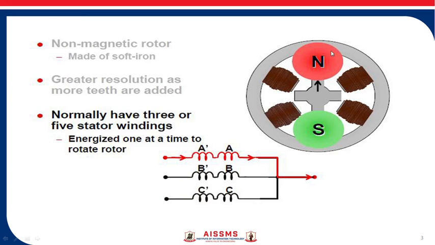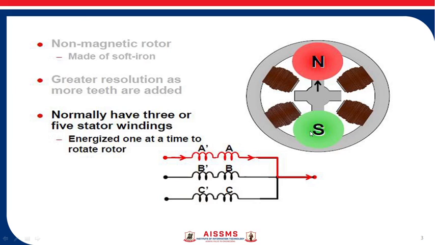In the diagram you can see this forms the magnetic poles. This is the north pole and this is the south pole. Then the rotor adjusts itself to the minimum reluctance position. Here the rotor is already in that position. This is the minimum reluctance position.